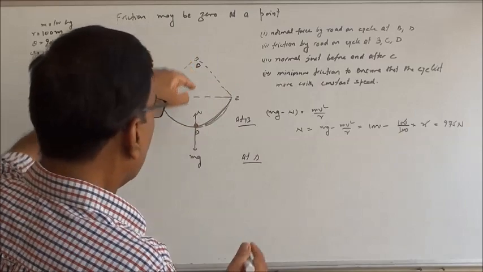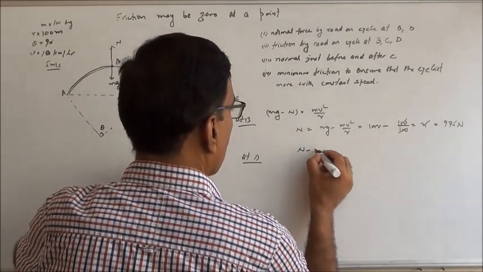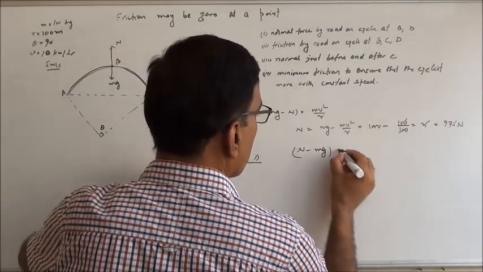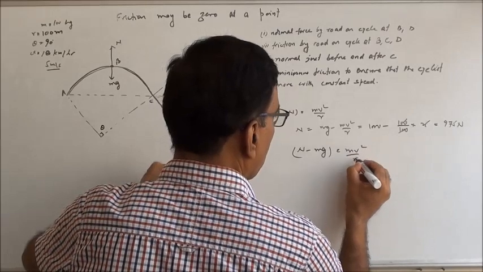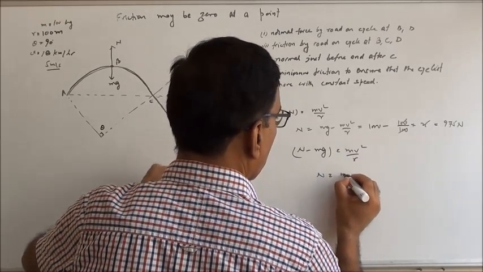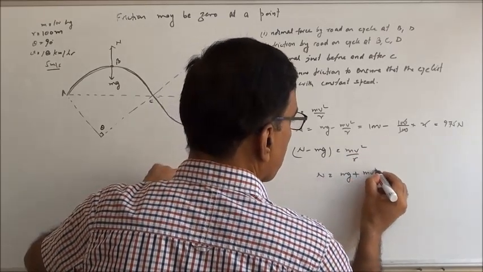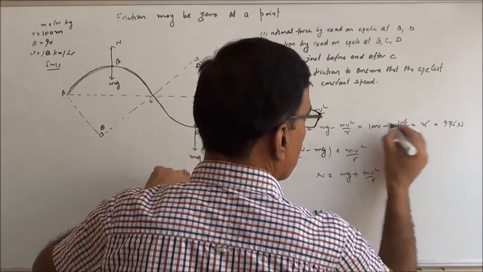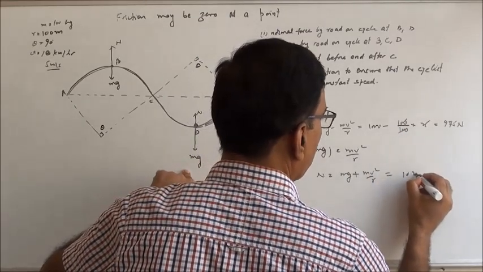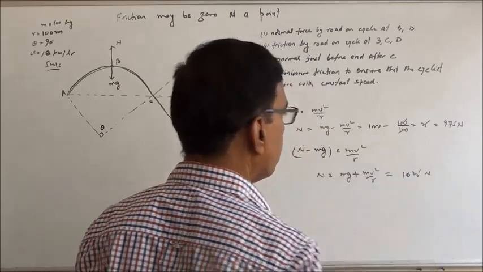So N minus mg is the force now. So N will be equal to mg plus mv square by r. So in this case, the sum of these two will be 1025 newtons.